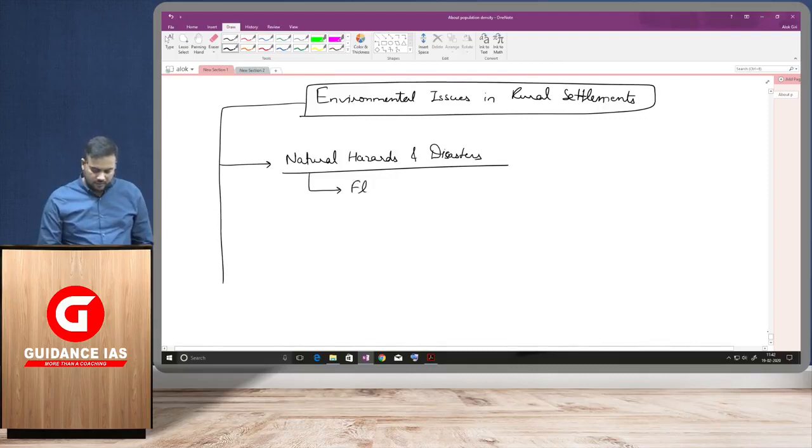One very common is the phenomenon of flooding. Very frequently this happens, and flooding when it is taking place, although it would renew the soil, can also lead to lots of soil erosion problems.